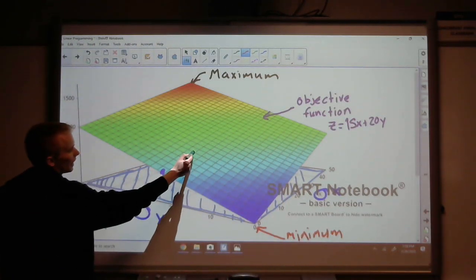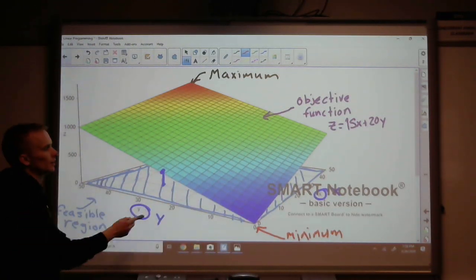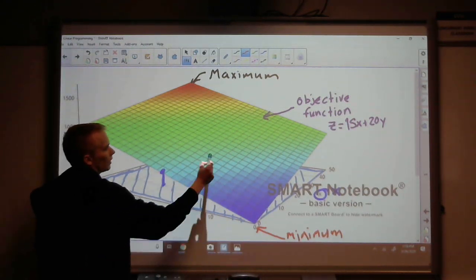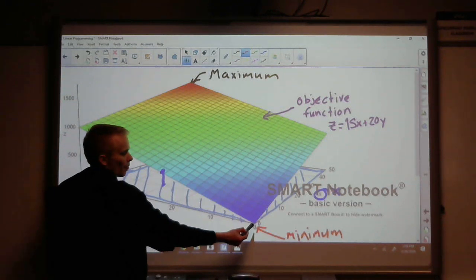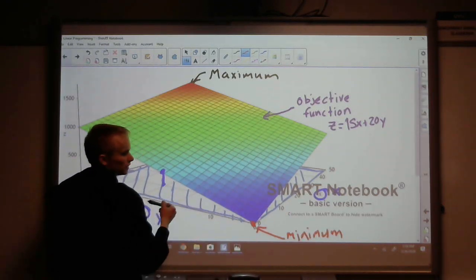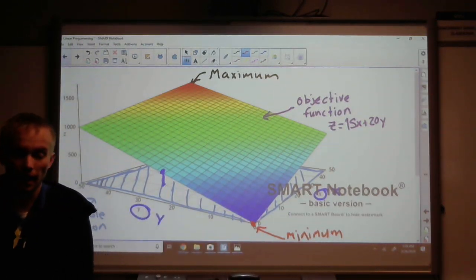You can't really see it on the screen here, but it's back in here. As well, the minimum happens at a corner of the square too, a different corner.